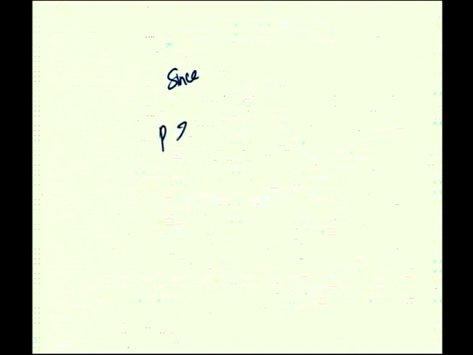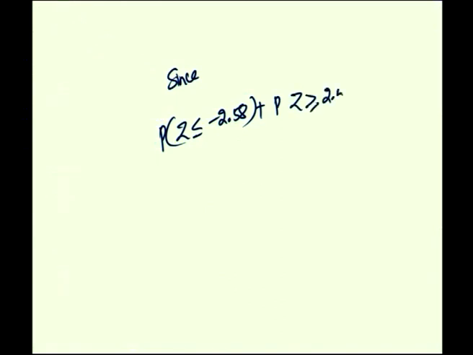Since P of Z less than or equal to minus 2.58 plus P of Z greater than or equal to 2.58 is equal to 0.01. We have determined the critical regions corresponding to the levels of significance 5% and 1%.